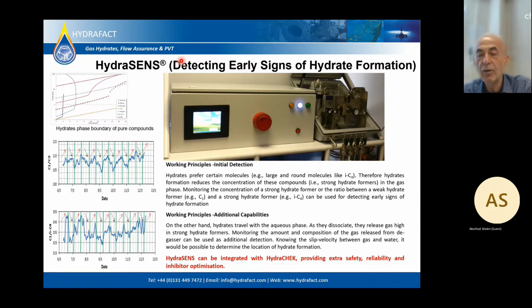In this case, we were able to detect that the gas is not from hydrate and it is from wax. So this is another device that we have.